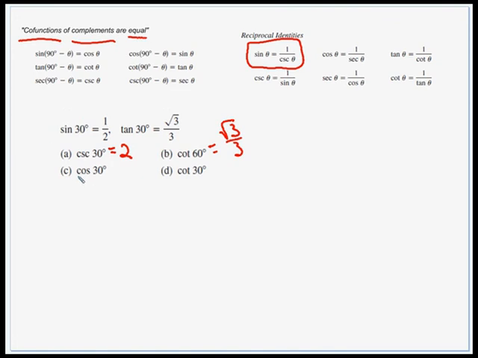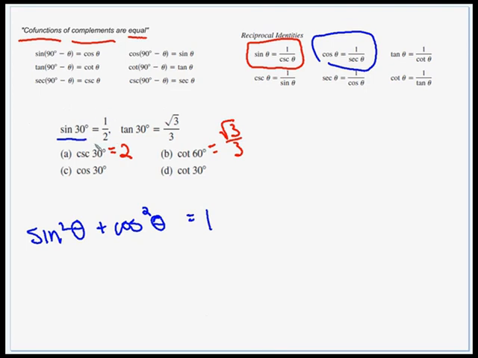Come down here to letter C, the cosine of 30. Well, let's see here. Cosine is 1 over secant. We don't have secant. For this one, we are going to have to go to a Pythagorean identity. The sine squared of an angle plus the cosine squared of the same angle is equal to 1. And we were given sine.